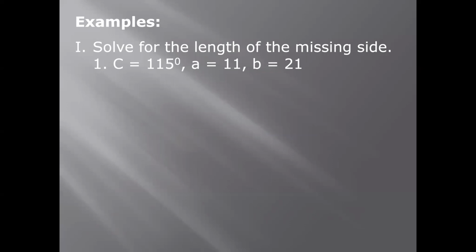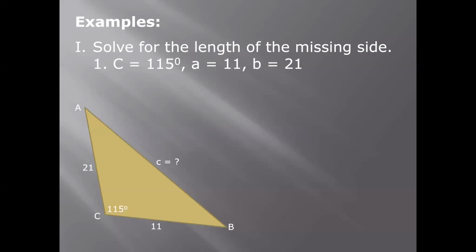You are given angle C, which is 115 degrees, side a, which is 11, and side b, which is 21. Now let us represent the triangle. Suppose this is our triangle. Since we are asked to solve for the missing side, it means that we need to solve for side c, which is opposite the given angle C, and that is 115 degrees.